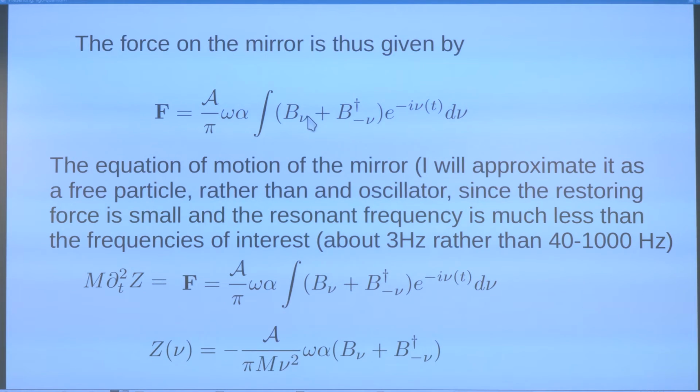So now there are two noise sources. If we look at the motion of the mirror, m times the second derivative of the position of the mirror is equal to this force, which means that the motion of the mirror in frequency space goes as the force divided by the mass times the frequency squared.